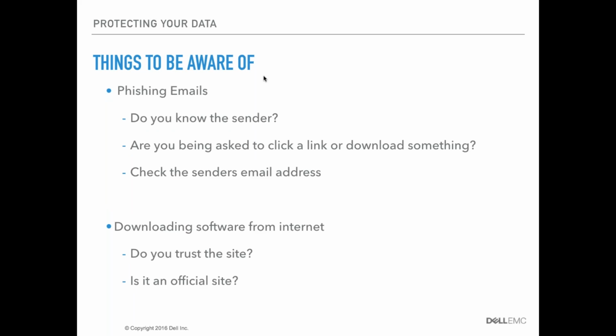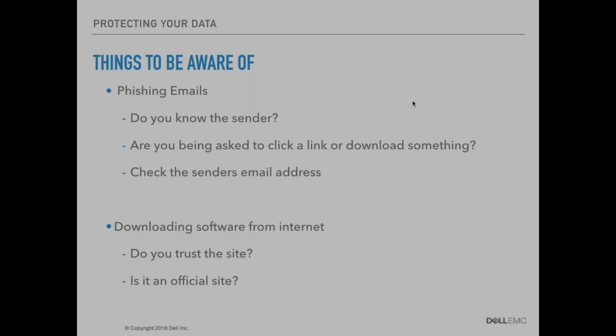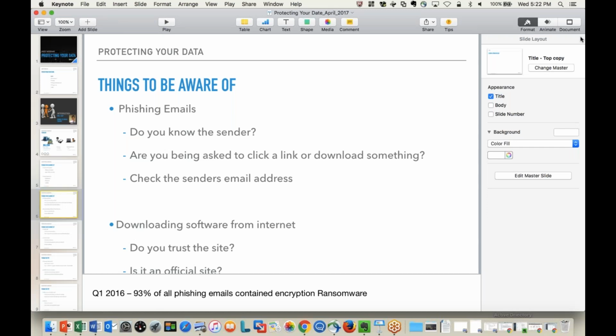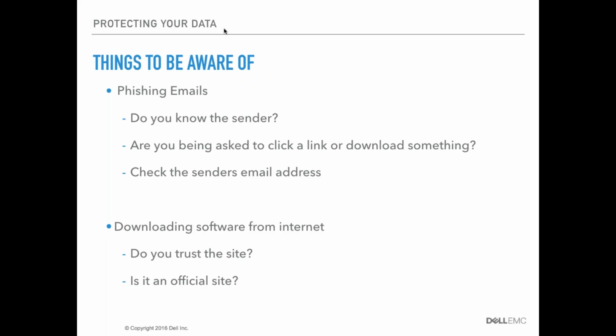Things to be very aware of, obviously, are phishing emails. This is a big point of attack for ransomware. So you need to be careful: do you know the sender? If somebody has sent you an email, do you know them? Sometimes, and it gets sophisticated, phishing emails can look exactly like an email from your bank, or could come from an organization where you feel, oh, I know this person, it must be safe.